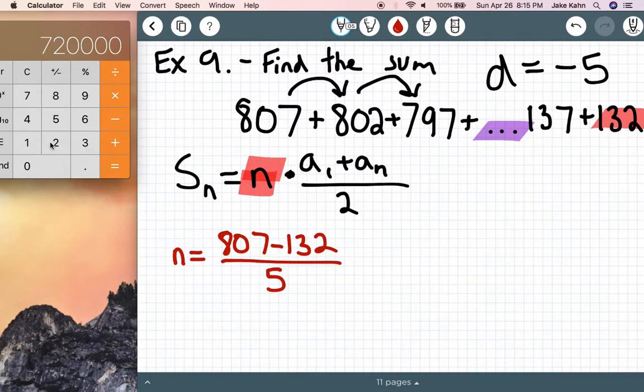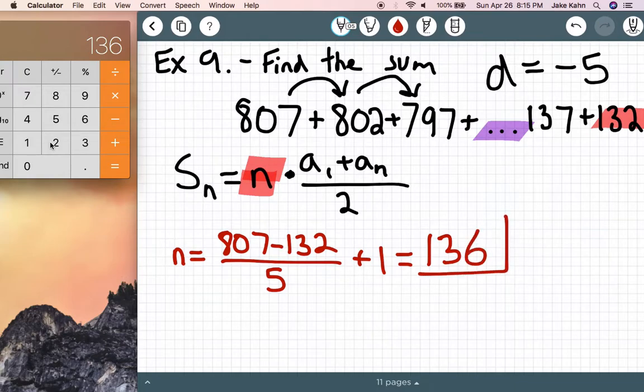After you get that number, you're going to have to add 1 to it to include the first number, and that's how many terms you have in your sequence. 807 minus 132 divided by 5 is equal to 135. And then we have to add 1 to get 136. That's how many terms are in this sequence. That's our n value.